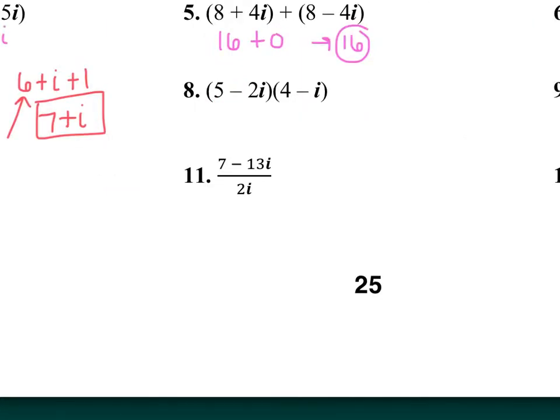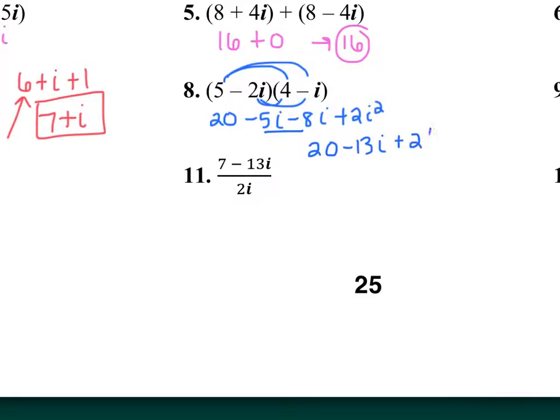Number 8, we are also multiplying, so 5 times 4 is 20. 5 times negative i is negative 5i. Negative 2i times 4 is negative 8i. And negative i times negative 2i is positive 2i squared. Again, we're going to have to change i squared to negative 1 and add these like terms. So we'll get 20 minus 13i plus 2 times negative 1, because that's i squared.